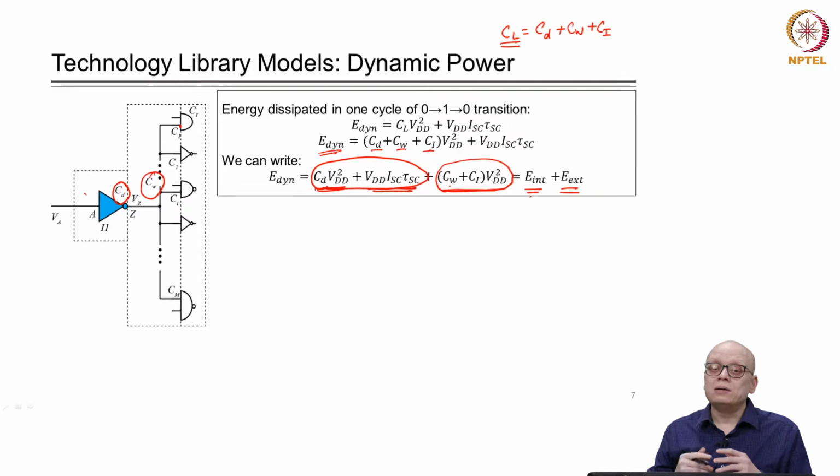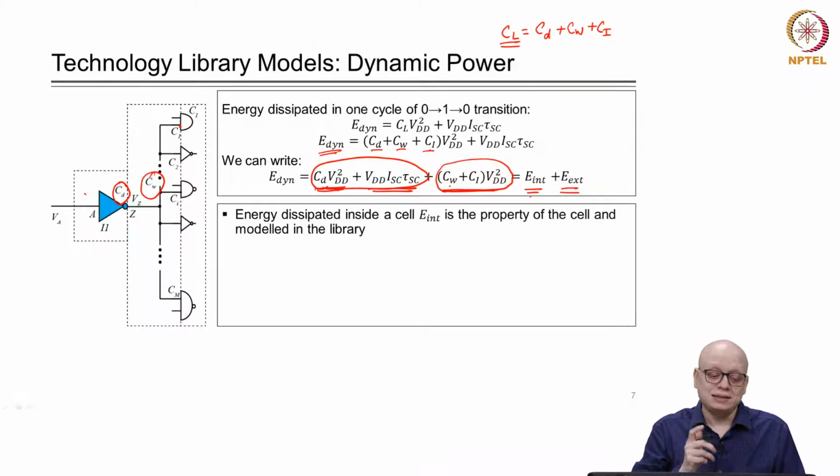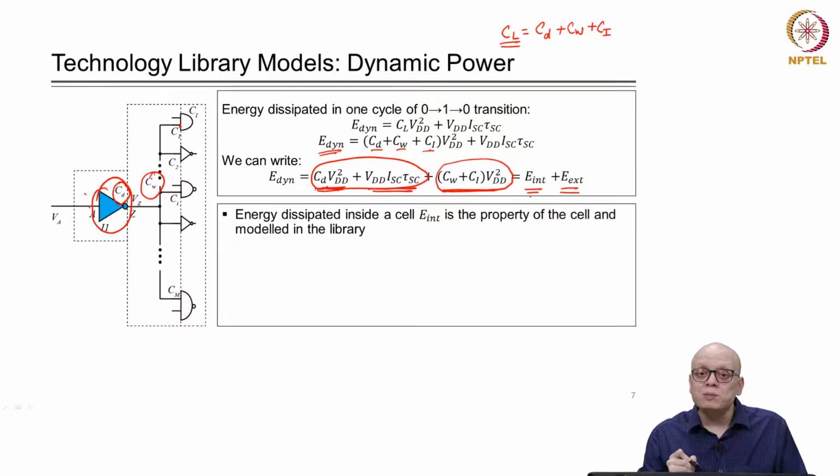Now, when we try to model library, which kind of power should we model in our library? So, the power which is dissipated inside the cell, meaning that is inside this inverter, that can be modeled in the library, right, because that is the property of that cell, and that can be computed at the time of library characterization.